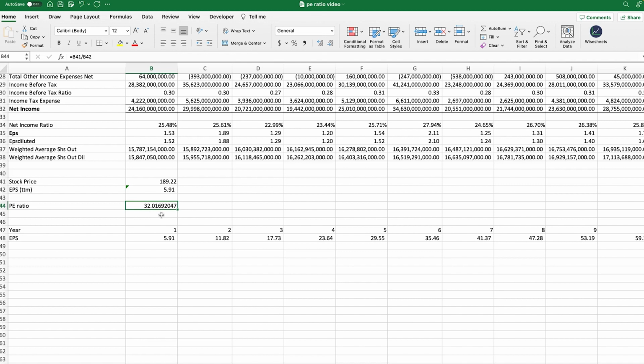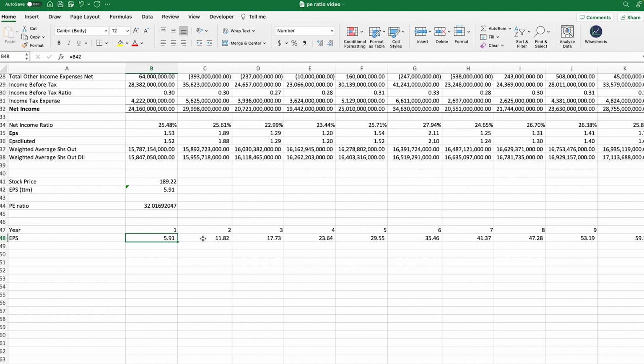Another way to be able to visualize what this number means is by creating a table like this. So in this case, we have different years and we have the EPS. Now let's say that the EPS for Apple remains steady and it doesn't grow, it doesn't shrink year after year.